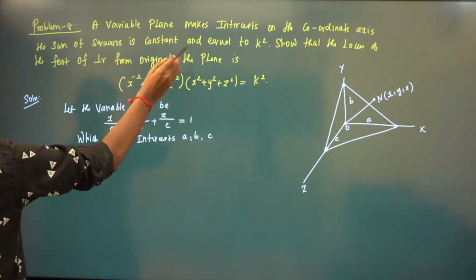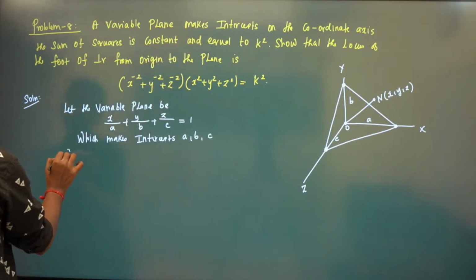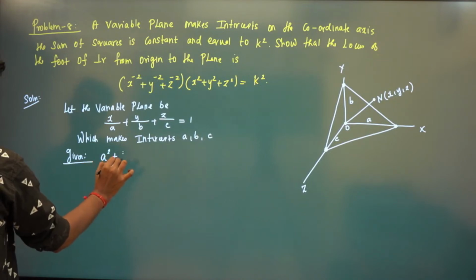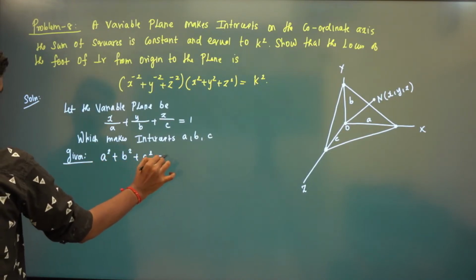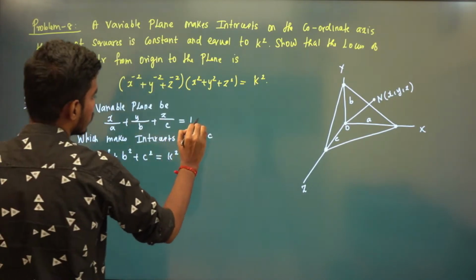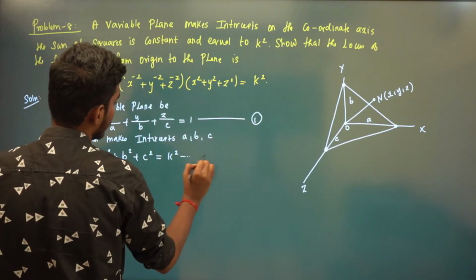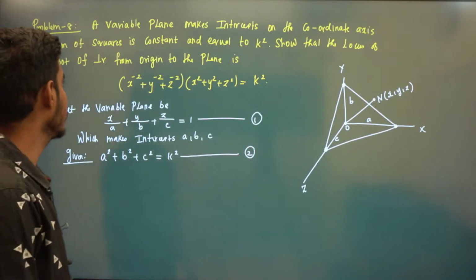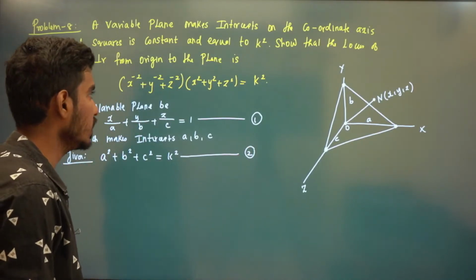So it is given that the sum of squares of intercepts is equal to k square, right?